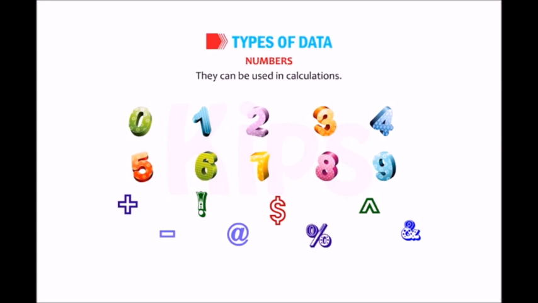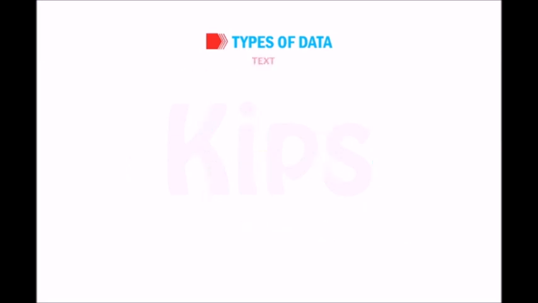They can be used in calculations. In addition to actual numbers, Excel also stores date and time as numbers. By default, numbers are right aligned in a cell.